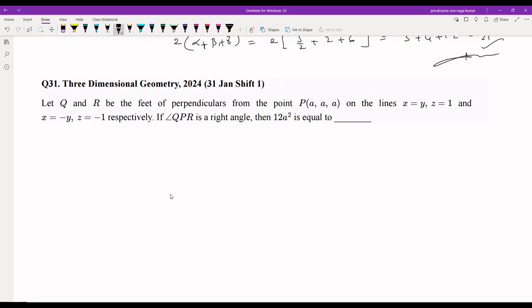So let's see, the given equation is x is equal to y and z is equal to 1. And we can combine this as x by 1 is equal to y by 1 is equal to z minus 1 by 0.